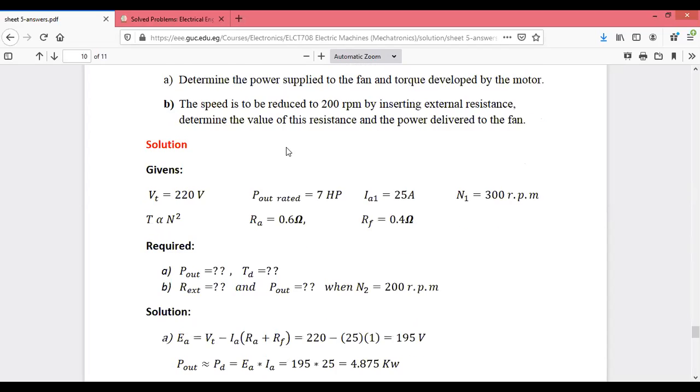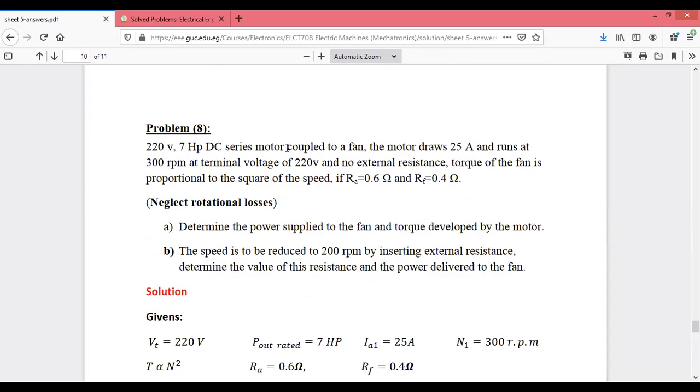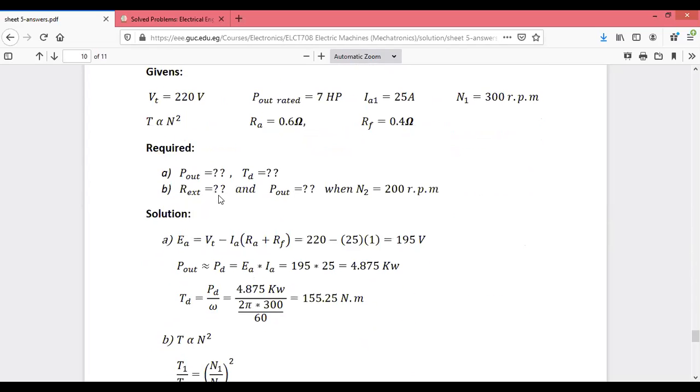We have the circuit, which is nothing but a DC series motor. So your EMF equation will become V equal to EB plus IA into bracket RA plus RF. When solving for back EMF EB, which is the armature EMF EA, your equation will become EA equal to V minus IA in bracket RA plus RF.